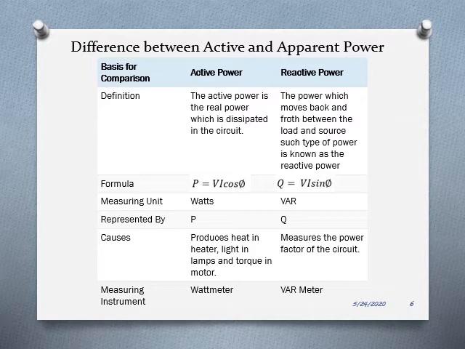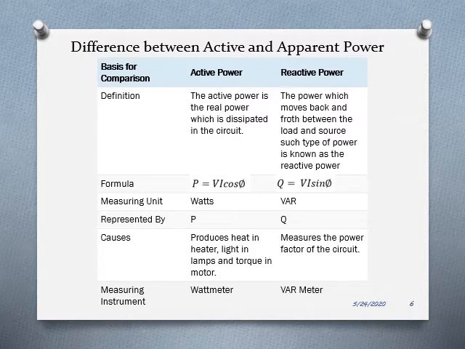The unit of active power is watts, whereas the unit of reactive power is volt ampere reactive. The measuring instrument used to measure active power is known as a wattmeter, whereas a VAR meter is used to measure reactive power.